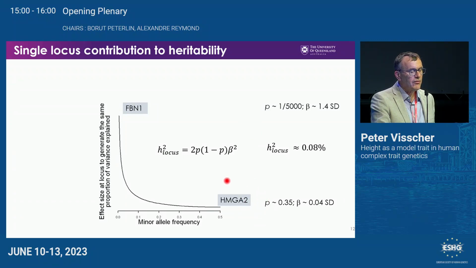A SNP in this gene here was one of the first, or maybe the first, discovered through GWAS. It's very common in the population, with a minor allele frequency of 35%, but the effect size is tiny, a few millimeters or so.